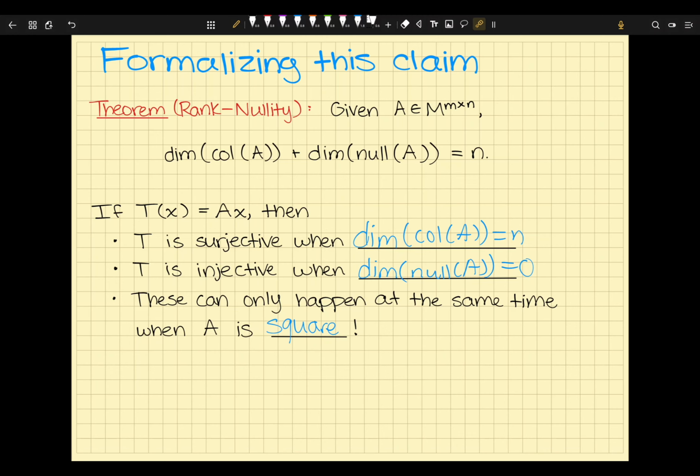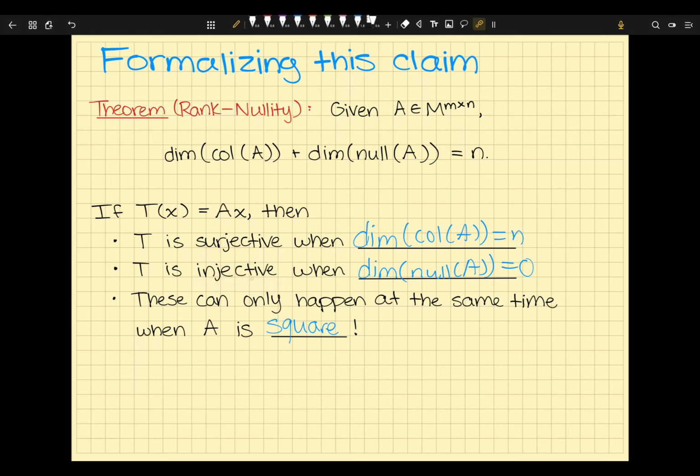When T is surjective, the dimension of the column space is n, and due to the rank nullity theorem, necessarily the dimension of the null space must be 0. That is to say, when T is surjective, it is necessarily injective by the rank nullity theorem.